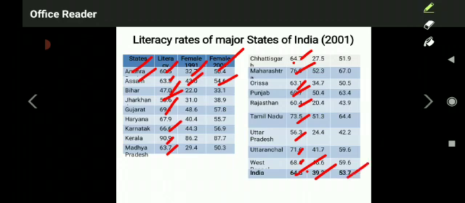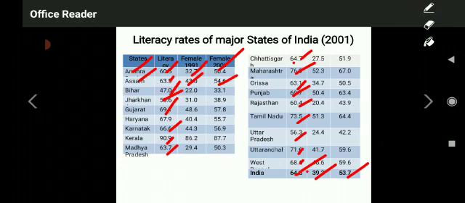So the average female literacy rate in India in 1991 was 39.3% and in 2001 it becomes 53.7%.